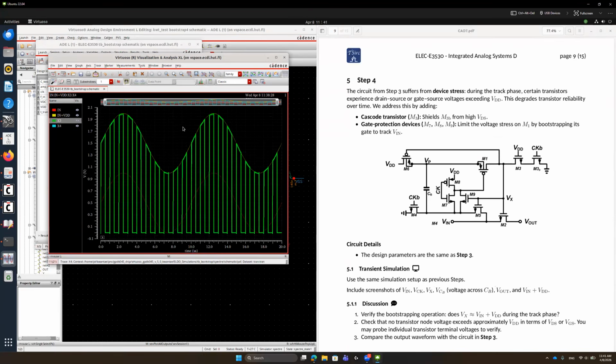So you can see that there is a slight decrease of the bootstrapped voltage. Probably this is because of some more added circuit components here. Yeah, let me see what is happening. So you can see that at the VX node, we added one more transistor here.